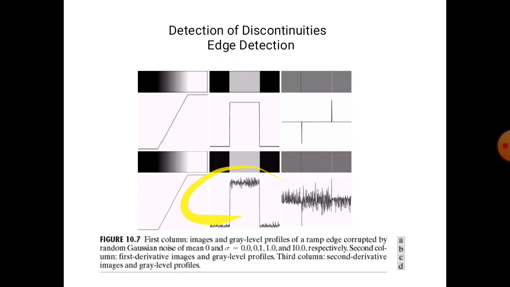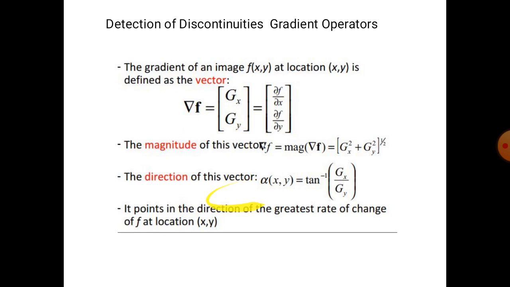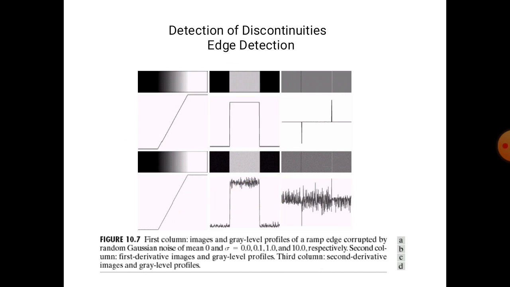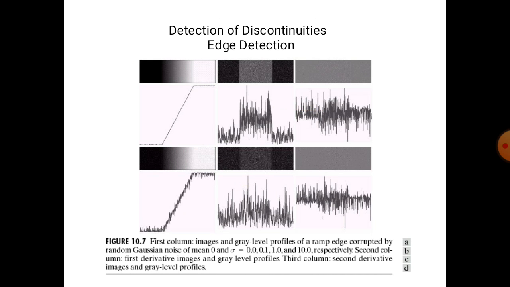The 3 images in the first column, 1, 2 and 3, are corrupted by additive Gaussian noise with 0 mean and standard deviations of 0.1, 1.0 and 10.0 intensity levels respectively.